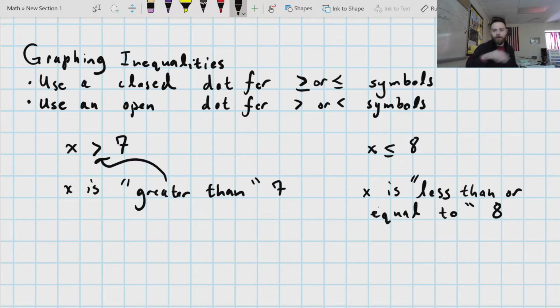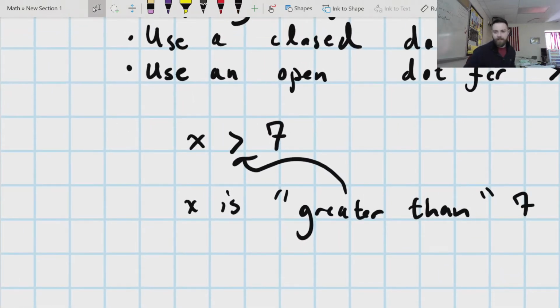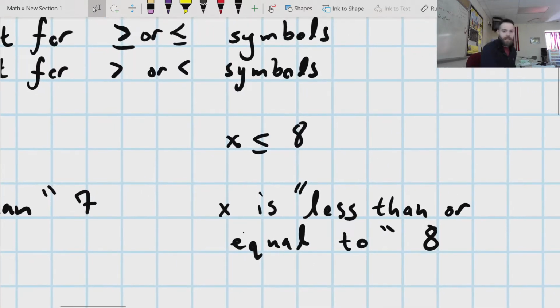You've got a bar at the bottom, which means the value can be equal to the number that's given. So if you don't have a line at the bottom of your greater than or less than sign, that means x is strictly greater than 7. It cannot be 7. But in this case, over here it says x is less than or equal to 8, then x can be 8, and then any number less than 8. So we'll kind of talk about what that means.